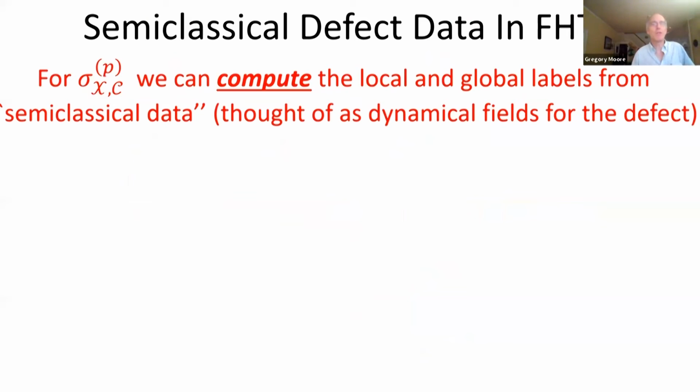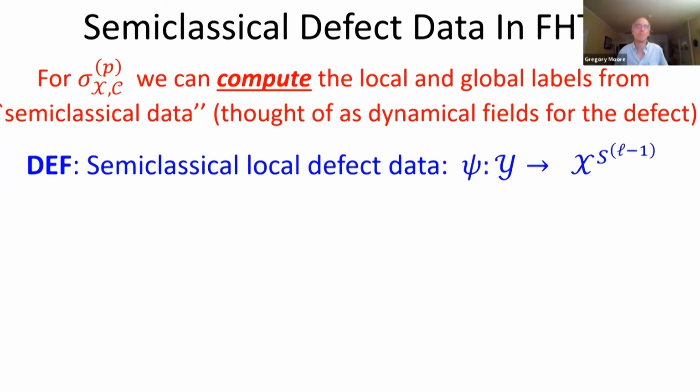Can we actually compute labels? Well, the point about these finite homotopy theories is they're very computable. So if we have one of these finite homotopy theories determined by some target space X, we can actually compute the local and global labels from what we call semi-classical data. You should think of the semi-classical data as dynamical fields for the defect.